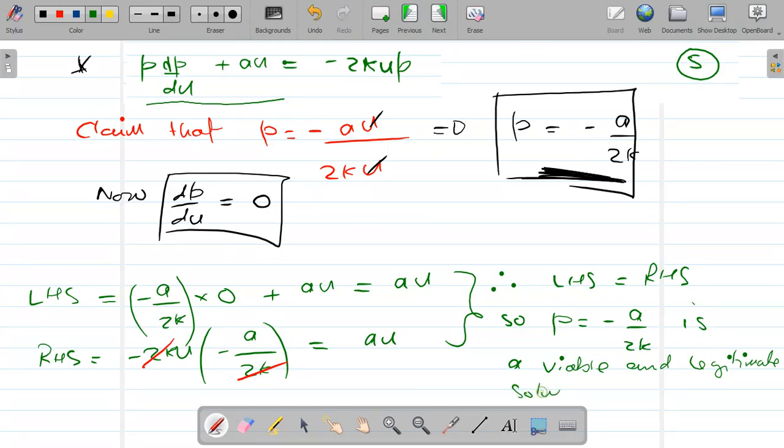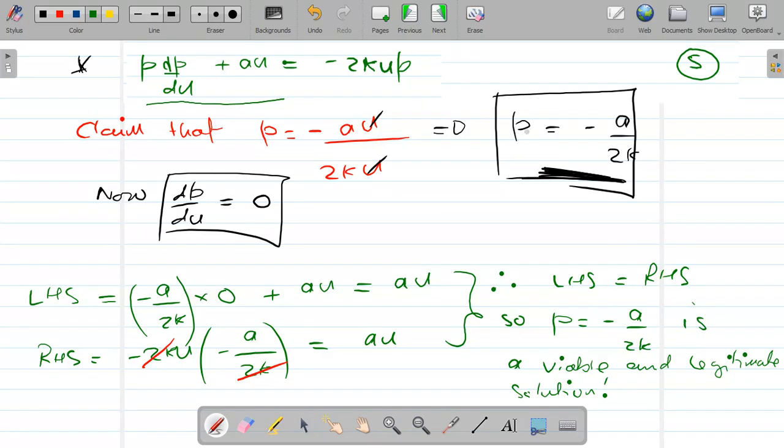Solution. Right? So, because the left-hand side equals the right-hand side when you substitute all of this in, you find that the left-hand side is equal to the right-hand side, so therefore P equals minus A over 2K is a viable and legitimate solution.